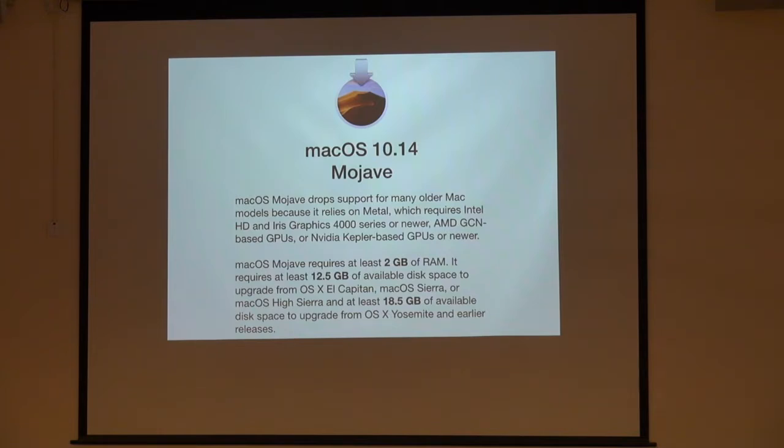But if you're going straight from Yosemite or an earlier release, it needs 18 gigabytes. So it's quite a larger installer than we've seen with the past few updates. And depending on your operating system, if you're using an older operating system and going straight to Mojave, the installer might get a little larger. So that would only be in consideration if you were running low on free space.